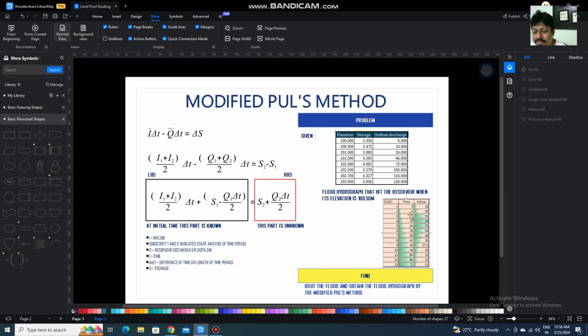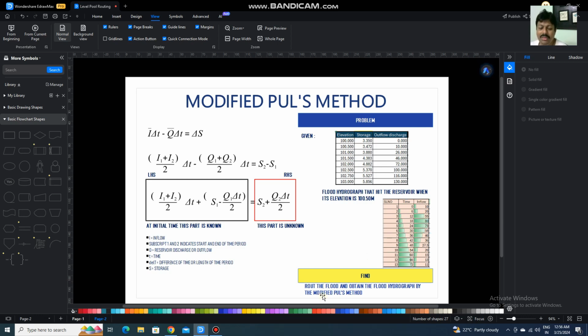So at 4 pm, how much water is coming in? 20 cubic meter per second. Then 4 pm plus 6 hours is 10 pm. So at 10 pm, what amount of water is coming? That is given. So these are all inflow, not outflow, remember. Inflow of water due to that excess rainfall and the causing of flood.